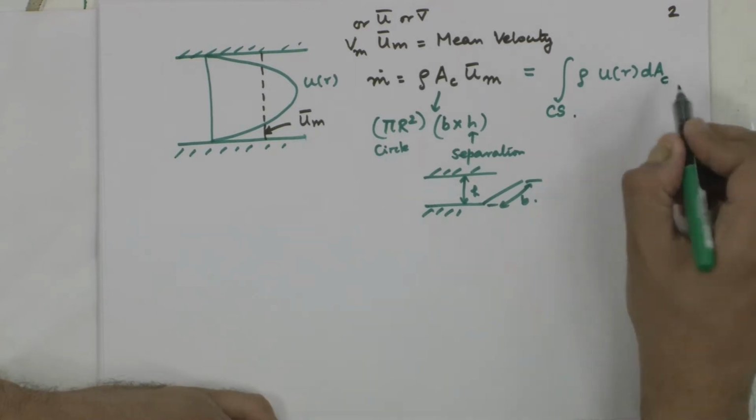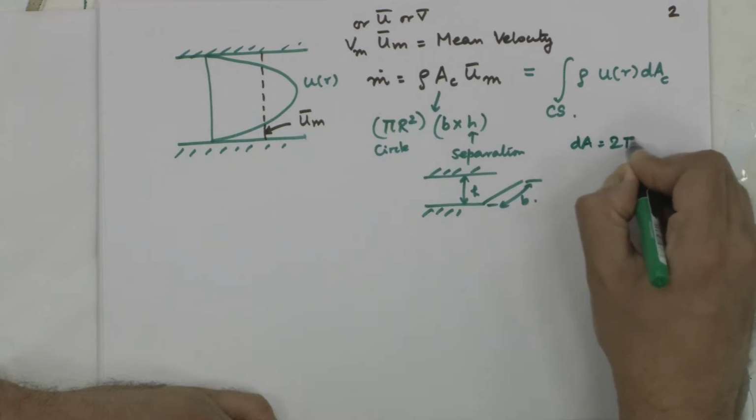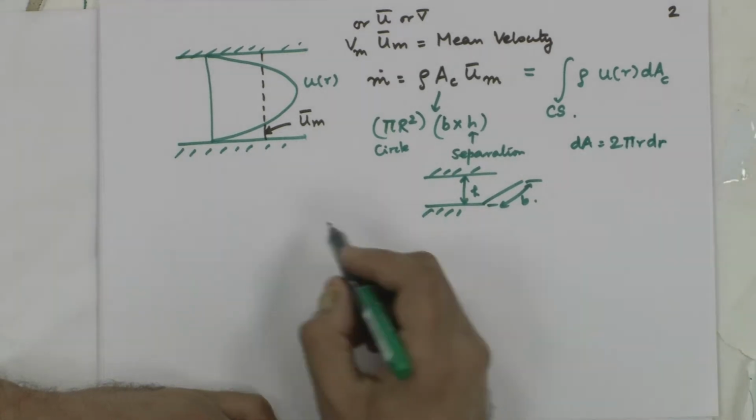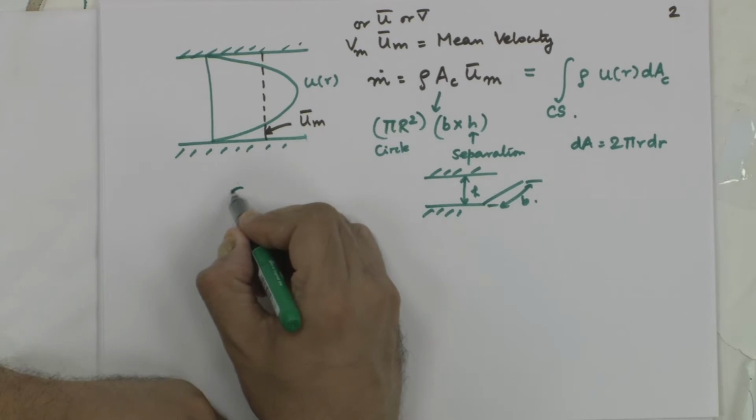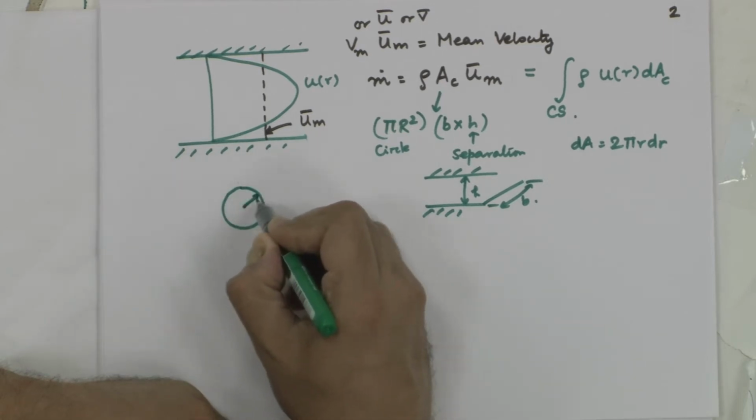This dA for a circular pipe is 2 pi r dr. It is basically analogous to a strip at a location r from the center.